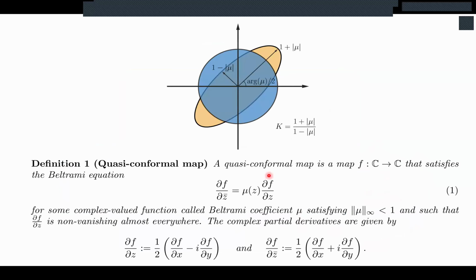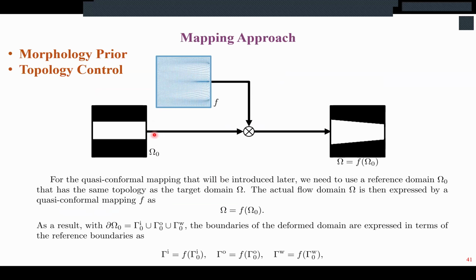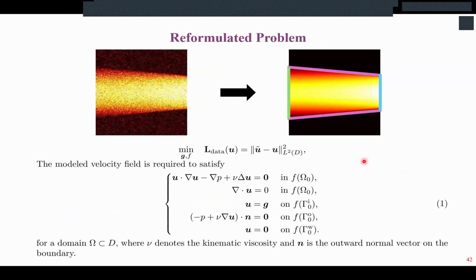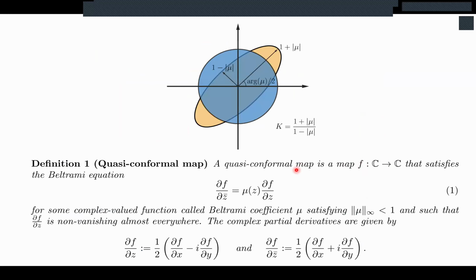We now have this quasi-conformal geometry theory. In terms of this theory, the important thing is the definition of the quasi-conformal mappings. Basically, a quasi-conformal mapping is a topology preserving mapping. Like in the example we showed here, this omega 0 could have the same topology as omega if the mapping F is topology preserving, or we can say it's quasi-conformal.